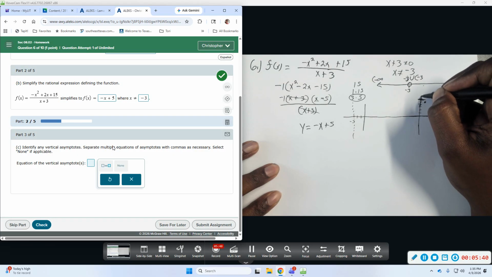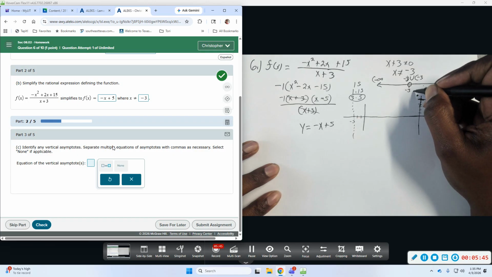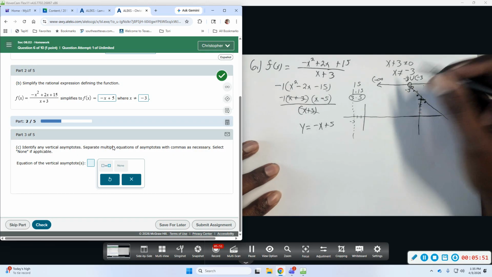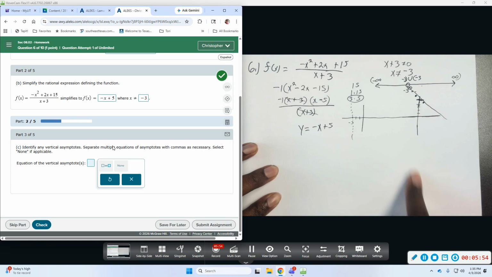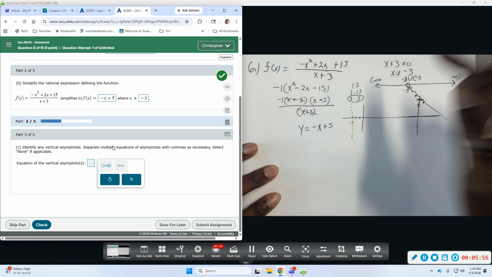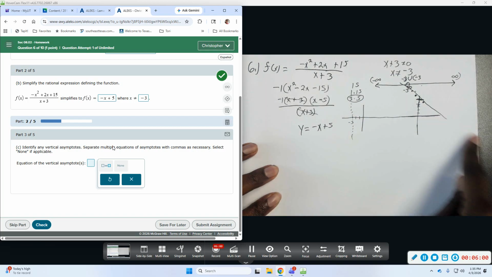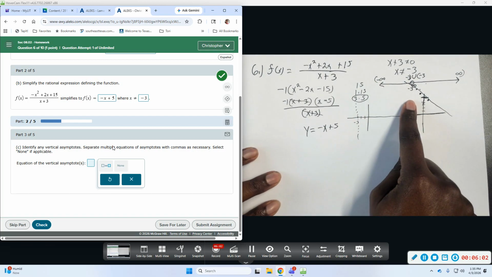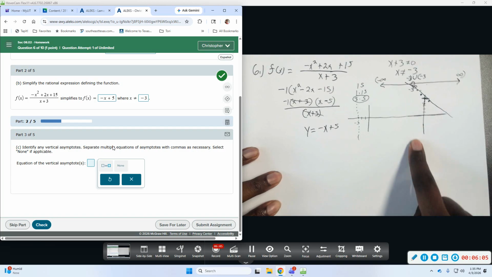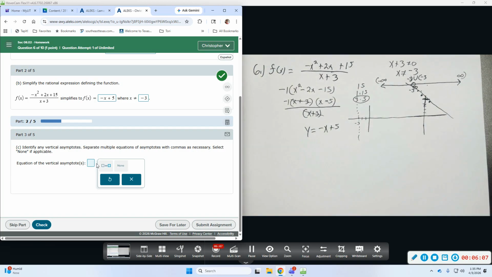So up to 6, left to negative 1, up to 7, left to negative 2, up to 8, and left to negative 3. There'll be a hole right there. And so instead of having a whole line that the graph doesn't pass, it's only going to be a hole in that one spot. There'll be a line going diagonal with negative slope, and then there'll be a hole right at x equals negative 3. So vertical asymptote, in this case, there's not going to be one because it got divided out.